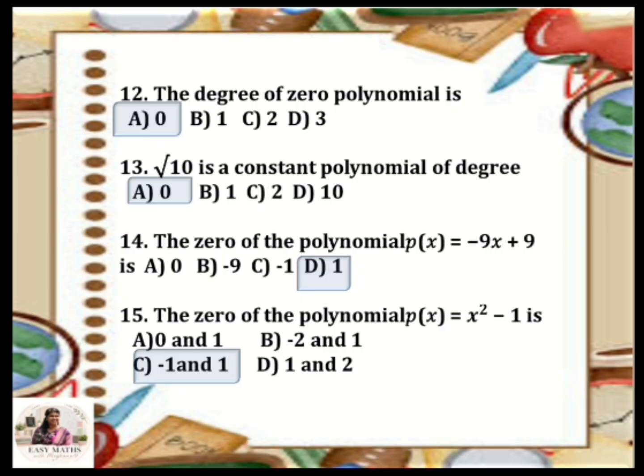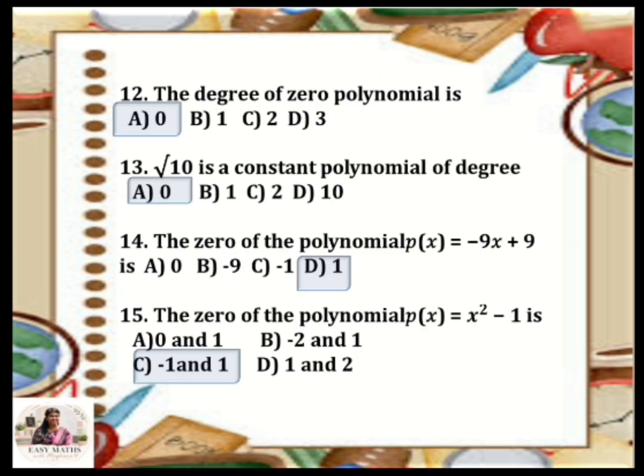Question number 15. The zero of the polynomial p of x is equal to x square minus 1 is. Here again substitute the value of x. Or here you can write x square minus 1 as x minus 1 into x plus 1 by using the formula a square minus b square is equal to a plus b into a minus b.